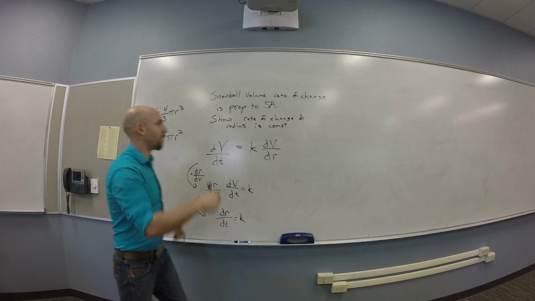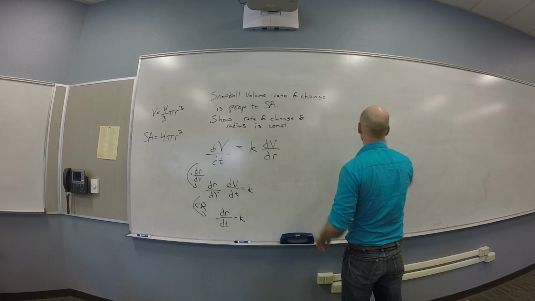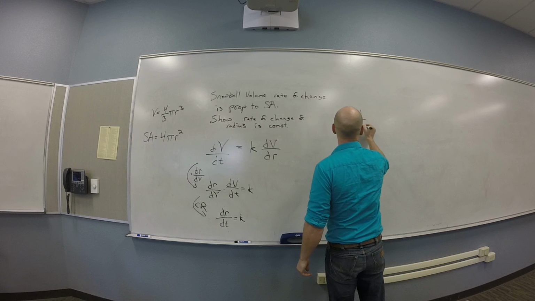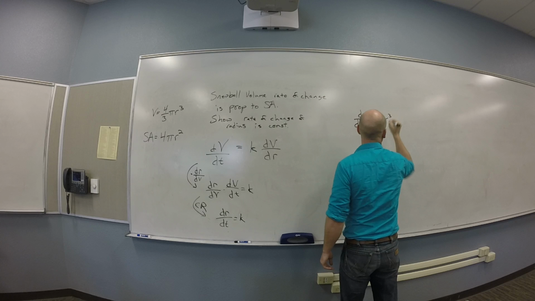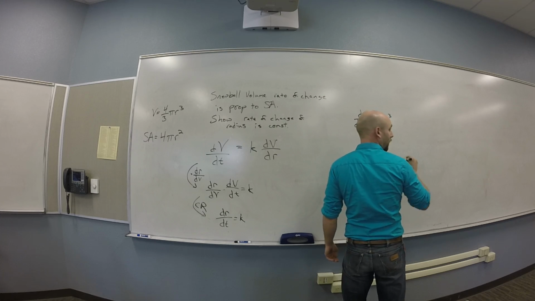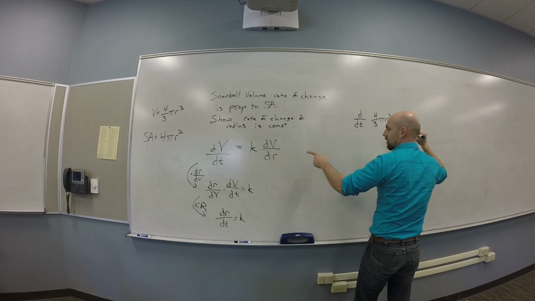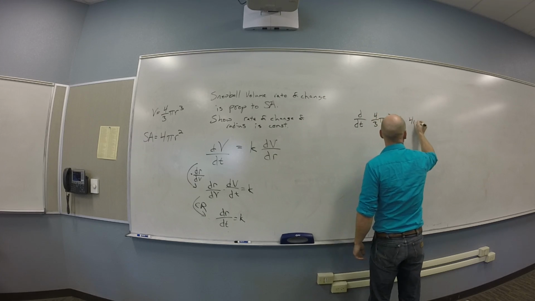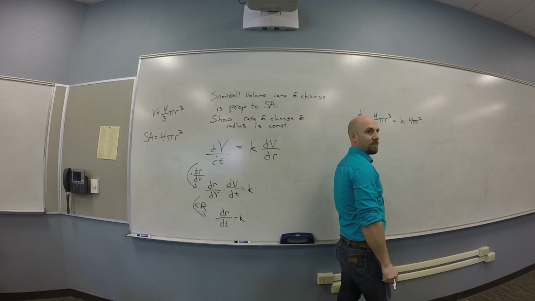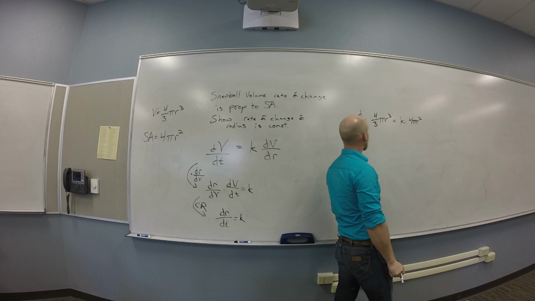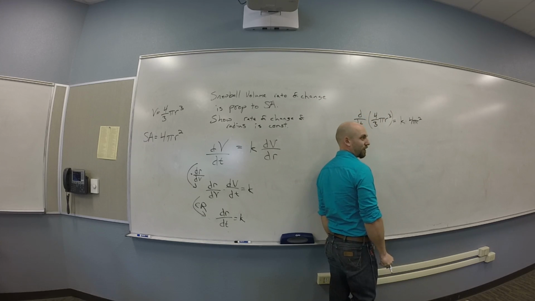Alternatively, you could take these formulas and say, okay, the rate of change of the volume is d/dt of 4/3 pi r cubed, right? And that's supposed to equal some constant k times the surface area, which is 4 pi r squared. And then you know how to actually differentiate this with respect to time.